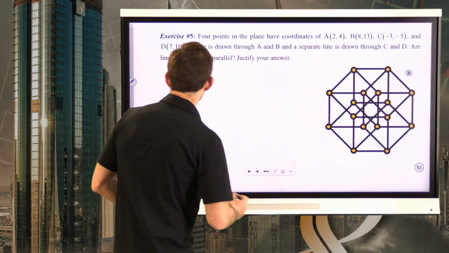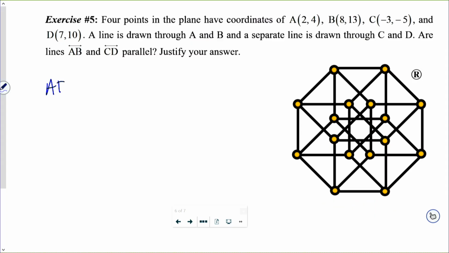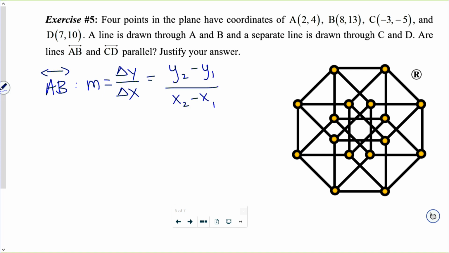So let's do it. All right, so for AB, remember the slope can always be calculated as the change in y divided by the change in x, where the change in y is the subtraction of the two y coordinates, and the change in x is the subtraction of the two x coordinates. Again, for AB, I have to kind of zoom in on these 2 points.